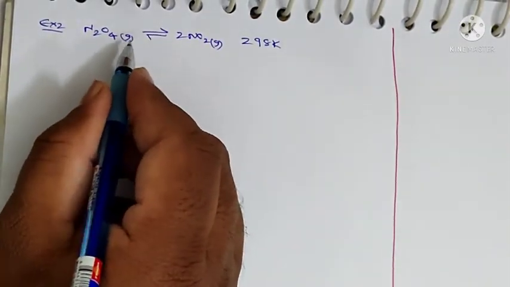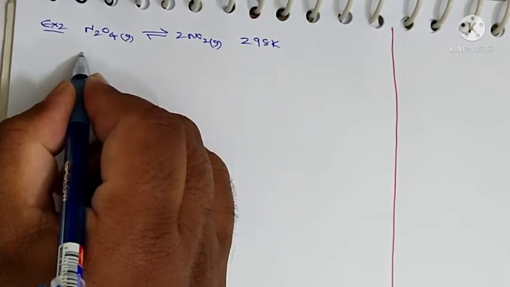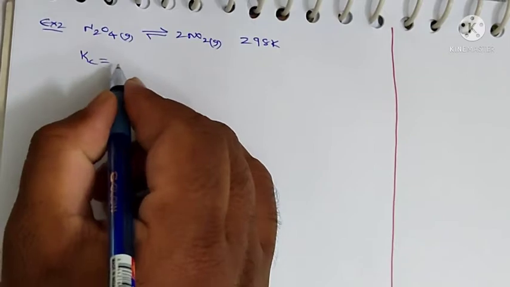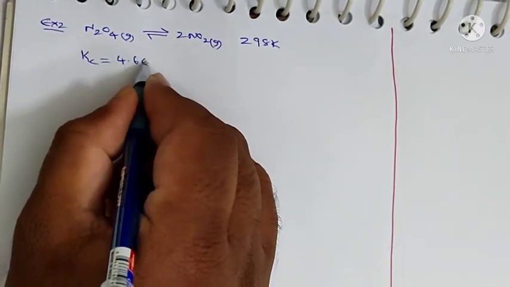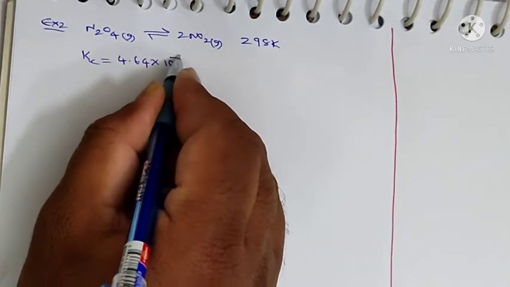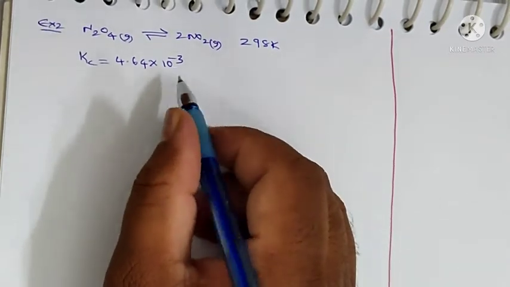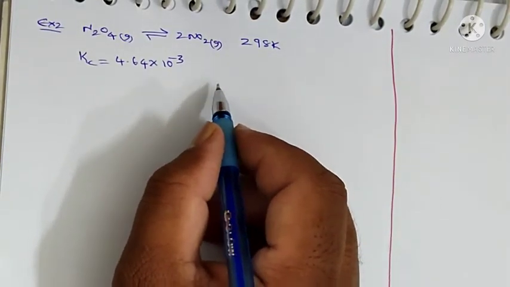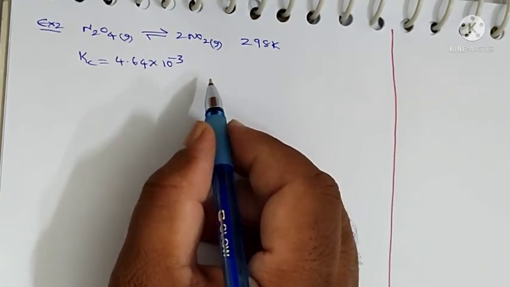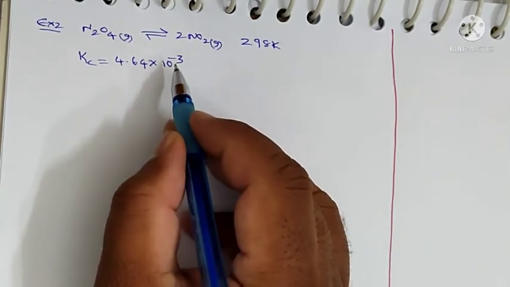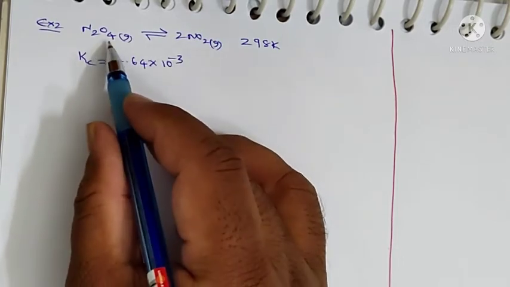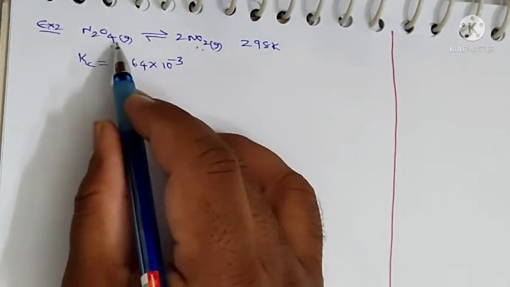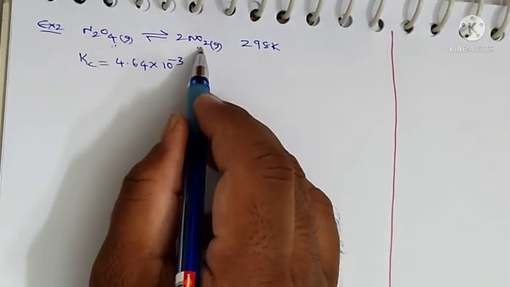For this reaction, the equilibrium constant Kc is equal to 4.64 into 10 to the power of minus 3. So it is neither too small nor too large. Hence, the equilibrium mixture contains appreciable concentrations of reactant and product, N2O4 and NO2.